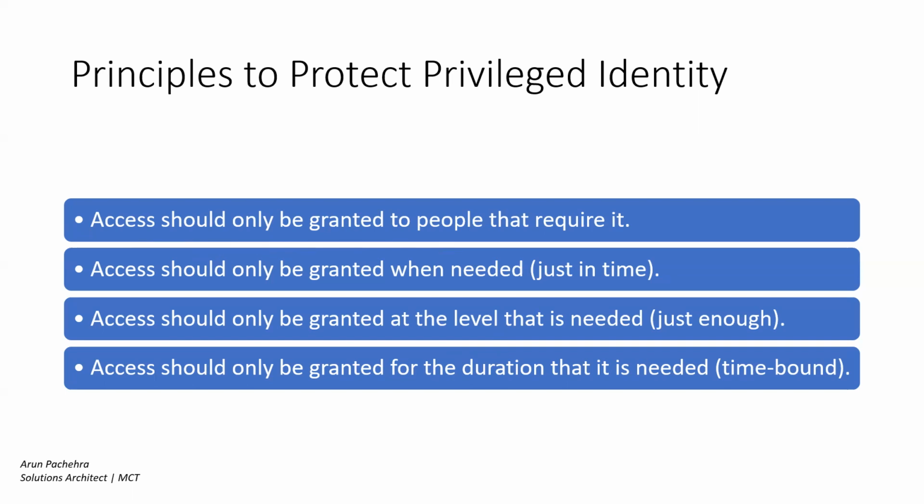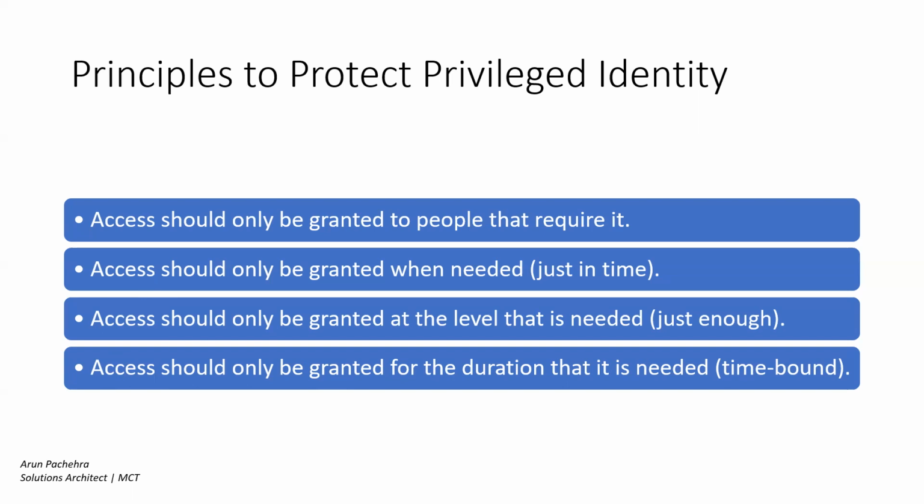So it's the same thing that we put in perspective, that you don't need privileged permissions 24/7. You only need them when you have to do that task, just in time. Access should only be granted at the level that is needed, just enough administration, right?